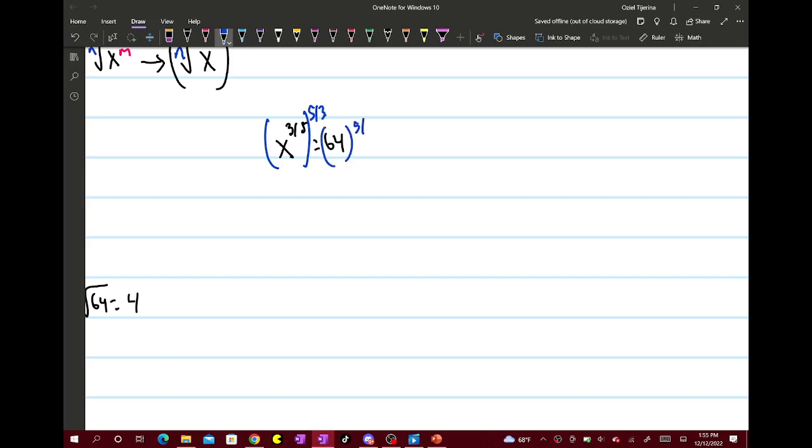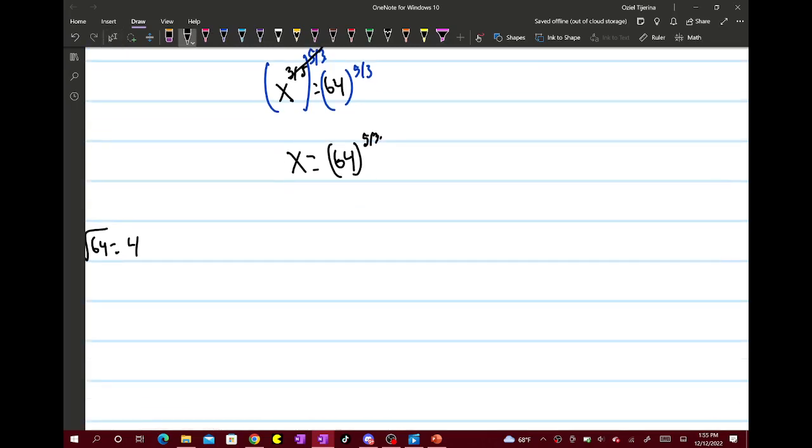This cancels out, so this becomes x, and x is equal to 64 to the 5/3 power. We can again use the rule a to the m over n is equal to the nth root of a to the m power.